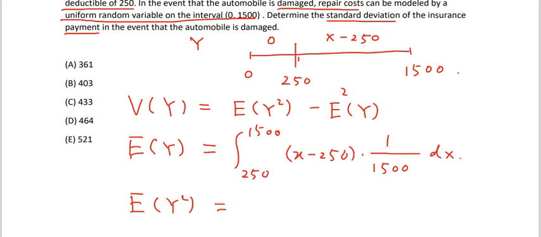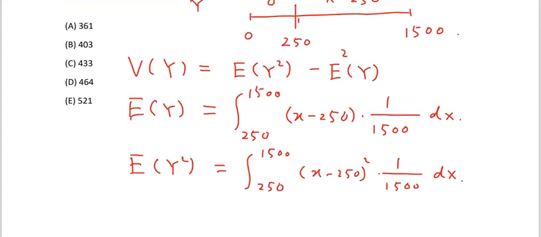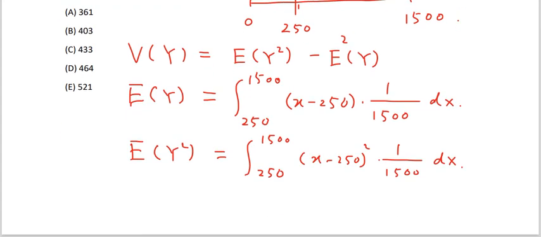So what is E[y squared]? Here the 0 part, forget it. So we say from 250 up, the payment y squared is just (x minus 250) squared, then times the density function. Right? So just find those integrations. For those integrations, we use substitution and take the constant outside.